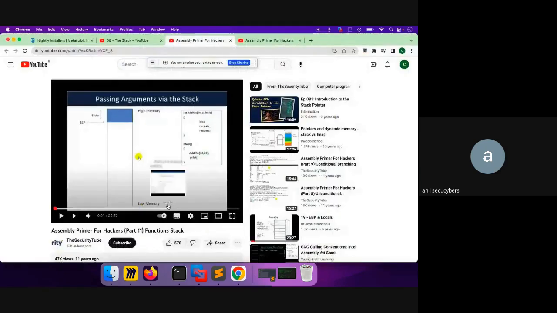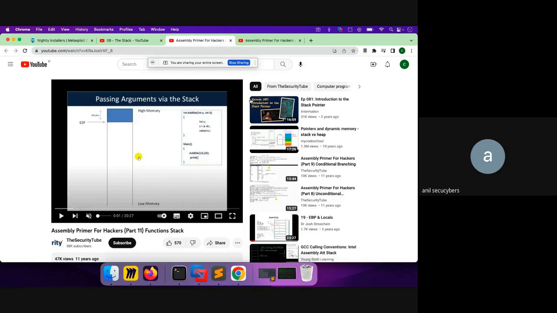The first thing I have planned is to first explain a bit about assembly language. When exploit development is done, we need to work at the assembly level, and it is not just like the normal Python or C language that we use.